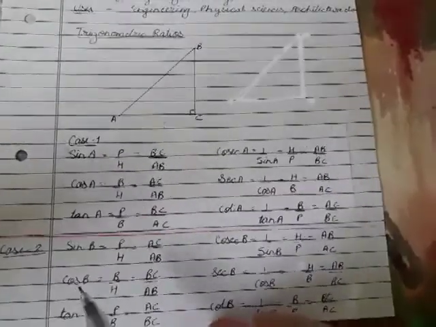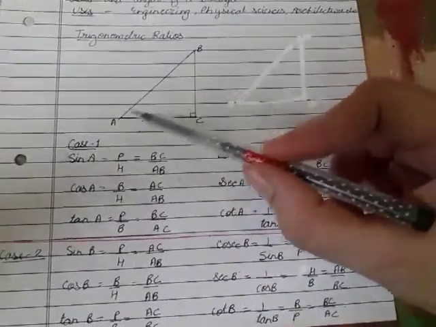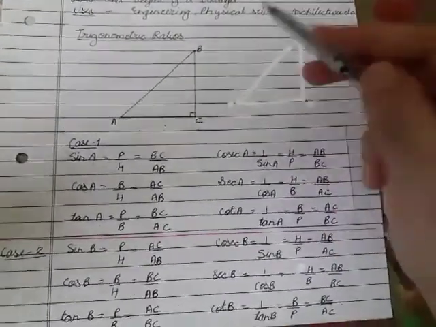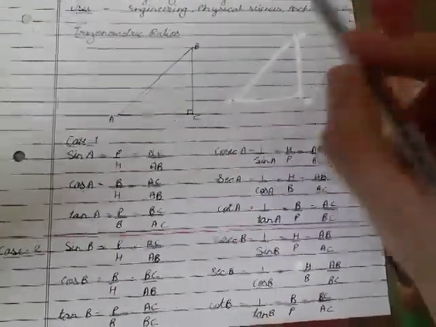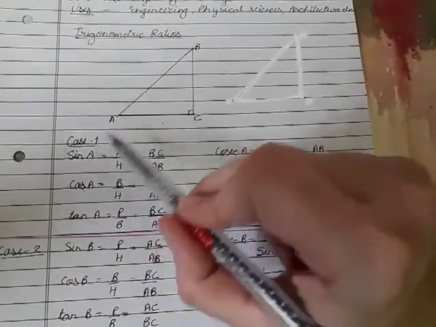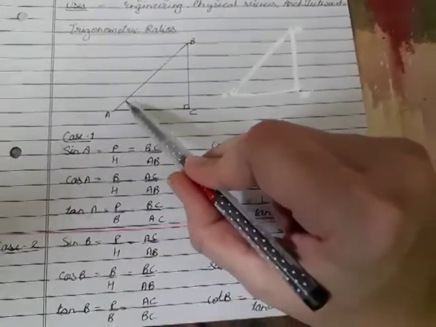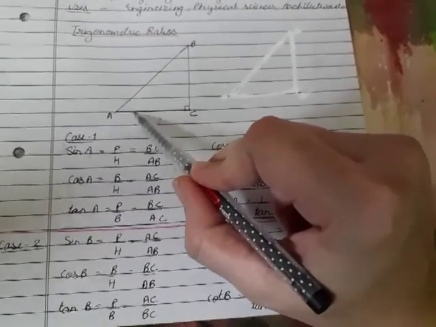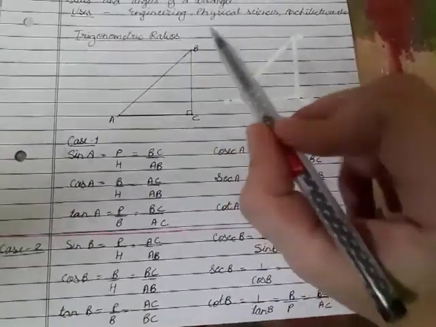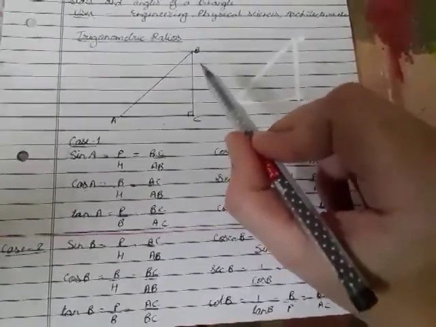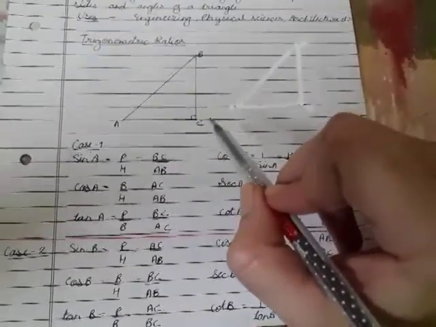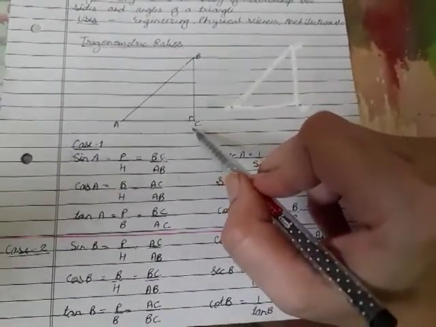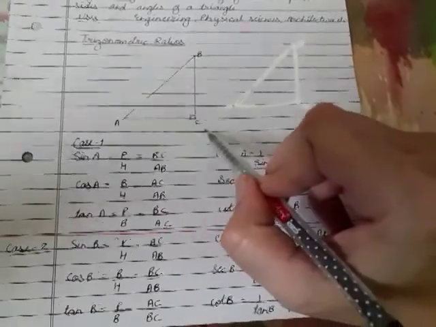So let us see how we can say. Now here ABC is a right triangle, as I have explained earlier. When I am saying angle A, it means we are finding the ratio with respect to this angle A, and the side which is opposite to the angle will always be our perpendicular. So in this case BC is perpendicular and AC is base.